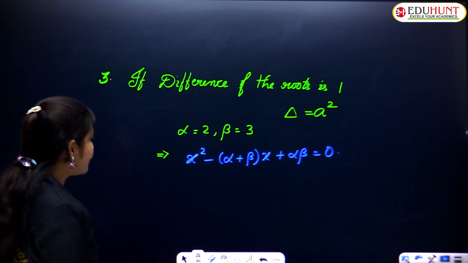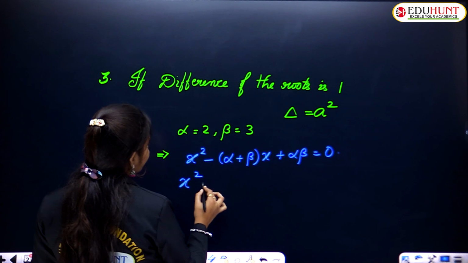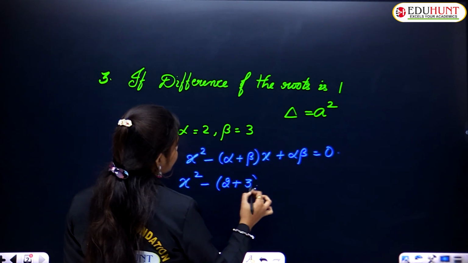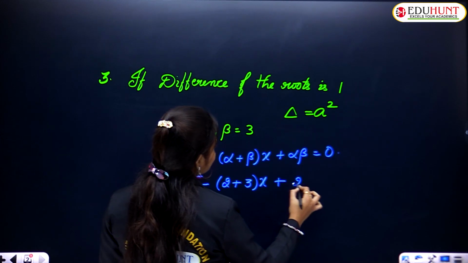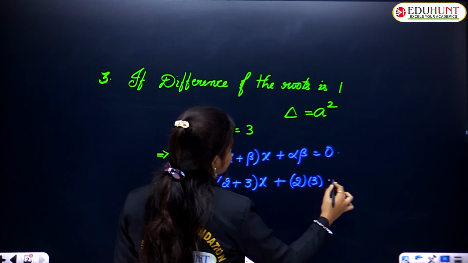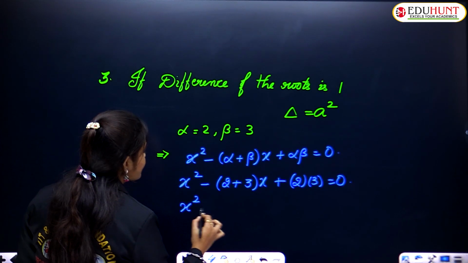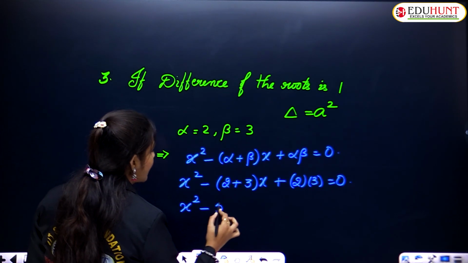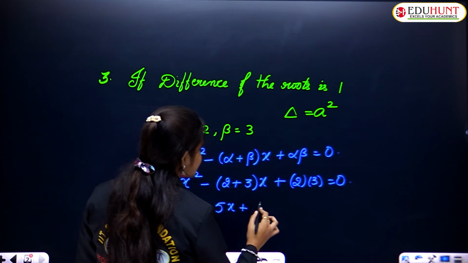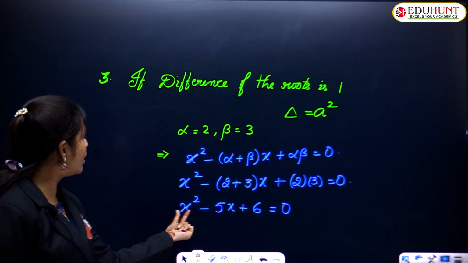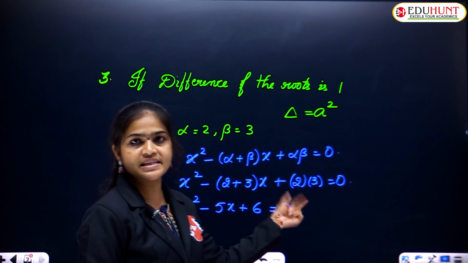With alpha equal to 2 and beta equal to 3, x square minus (2 plus 3) x plus 2 into 3 is equal to 0. So x square minus 5x plus 6 is equal to 0.